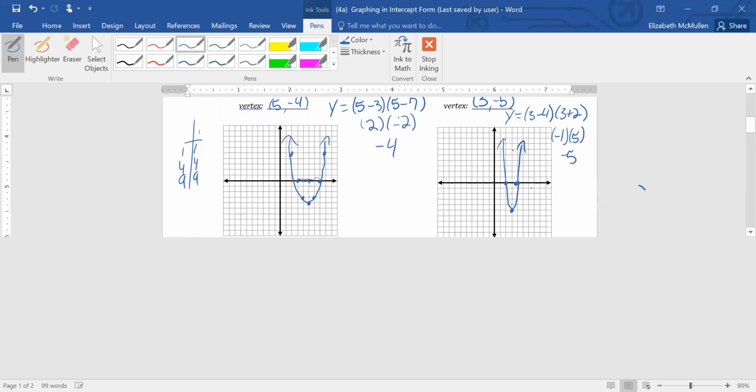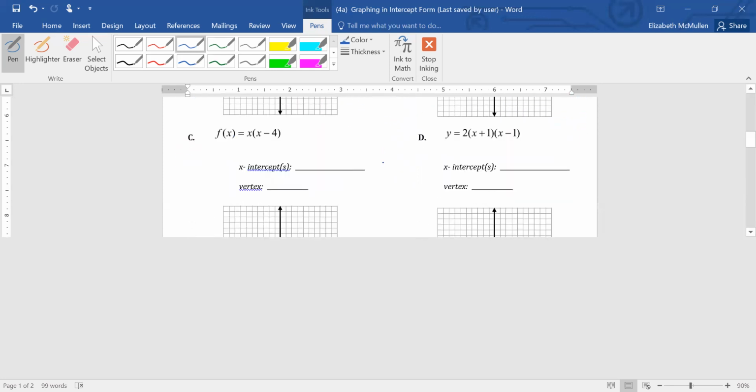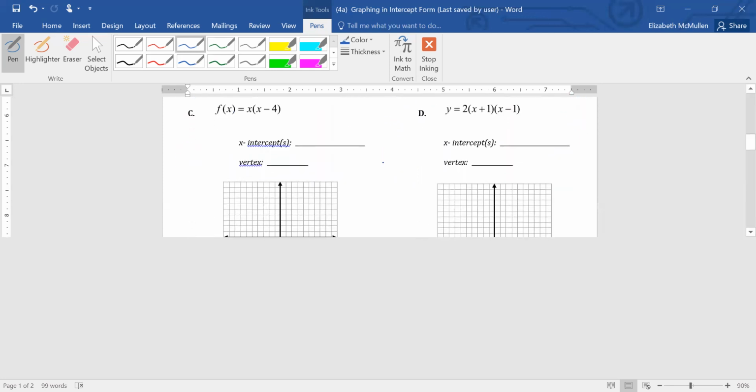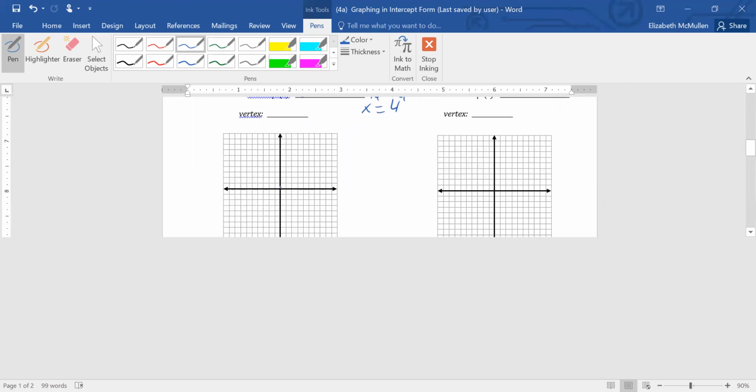You see this? All right. Same thing here. You notice that this is slightly different. It's all okay. So each piece equal to 0. So my x-intercepts are at 0 and 4.